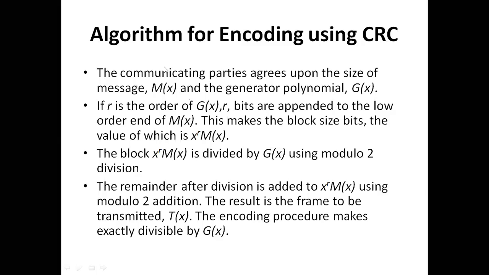Next, this is the algorithm for encoding using CRC. At the sender side, the communication parties agree upon the message m of x and the generator polynomial g of x. g of x is the divisor and m of x is the message which the sender wants to transmit. If r is the order of g of x, then r bits are appended to the low order end of m of x.